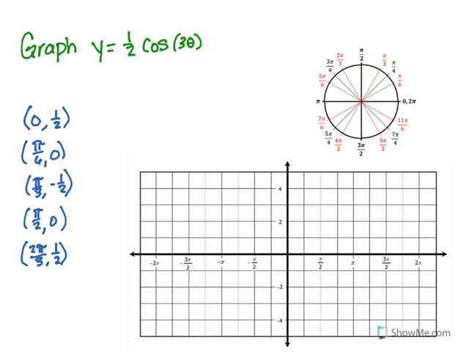So let's label this first one, this halfway mark between 0 and pi over 2. If we look on our unit circle, pi over 4 is between 0 and pi over 2. So that line between pi over 2 and 0, that's just going to be pi over 4.